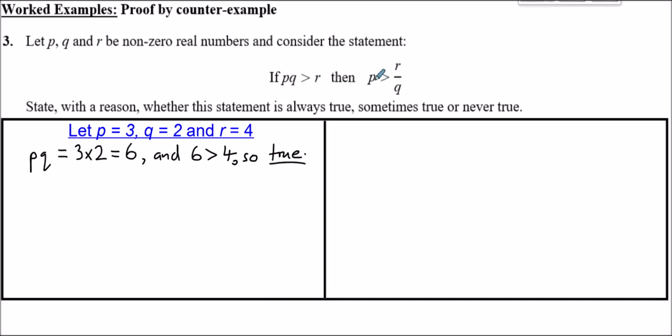And if we work out r over q, if r is 4, then that's 4 over 2, which is 2. So p is greater than r over q, so we can say that holds true.